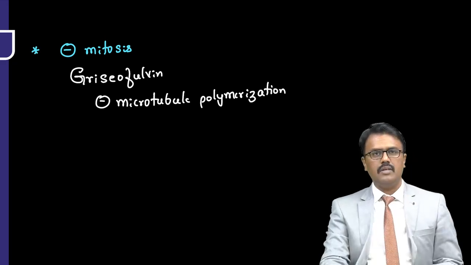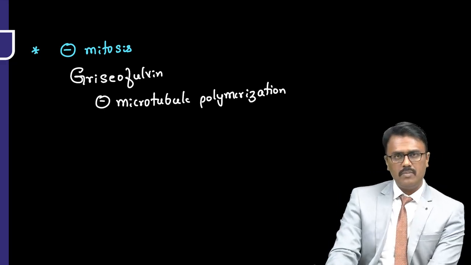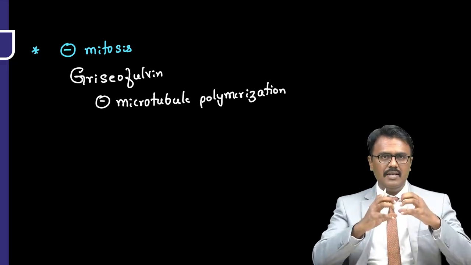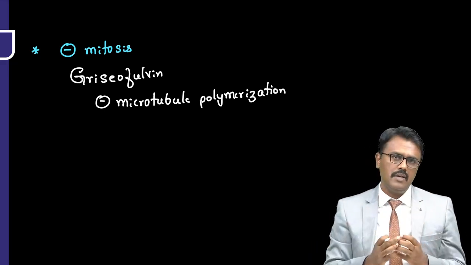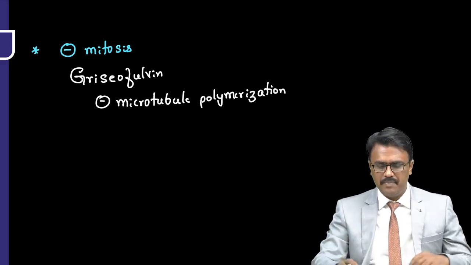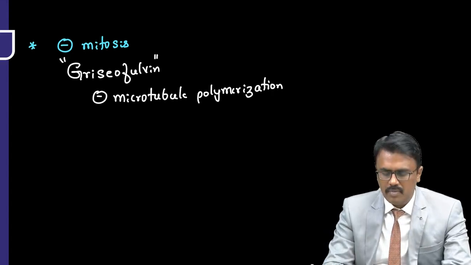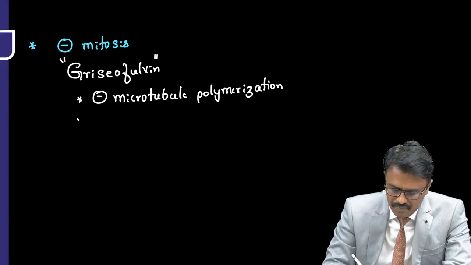Now you can ask a question, what is the problem here? The problem is when you inhibit microtubule polymerization, cell division will not occur and mitosis is interrupted. So when mitosis is interrupted, the fungal cells will not multiply. So the mechanism is inhibiting microtubule polymerization, that is griseofulvin.